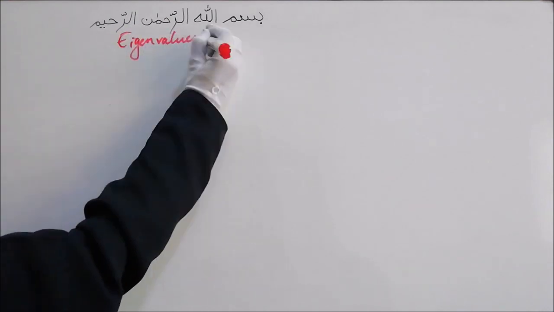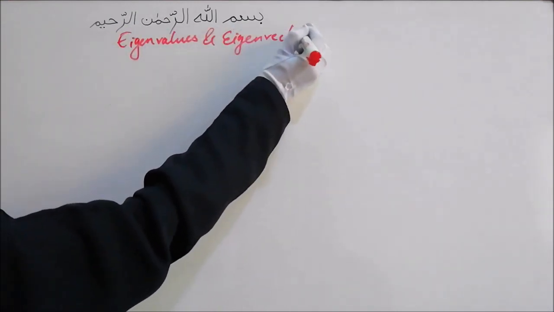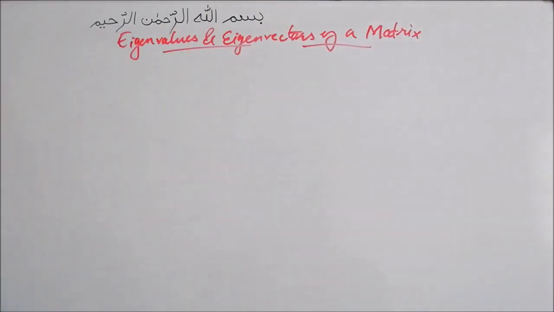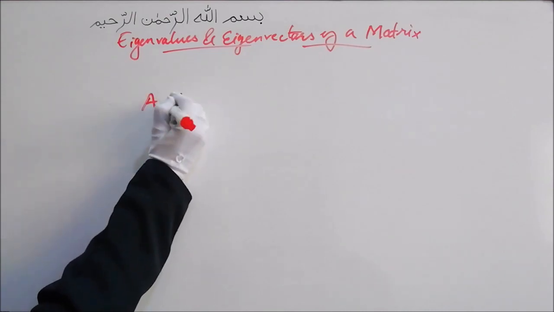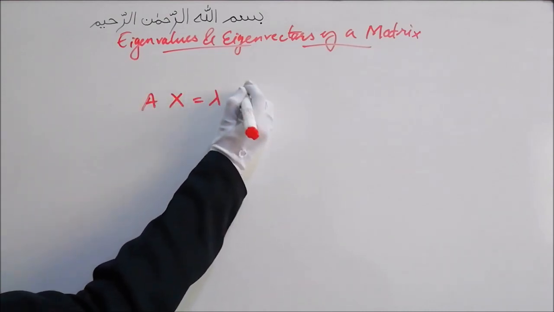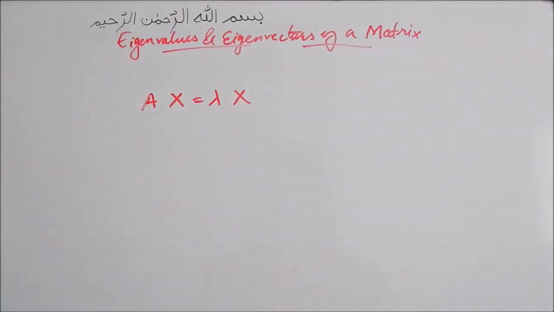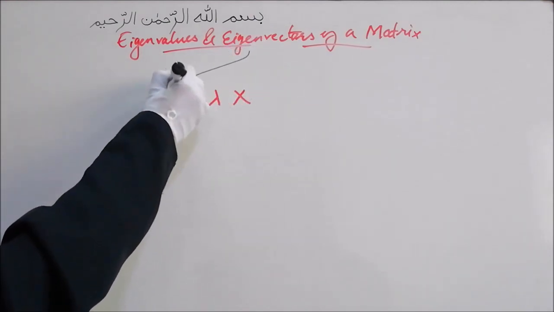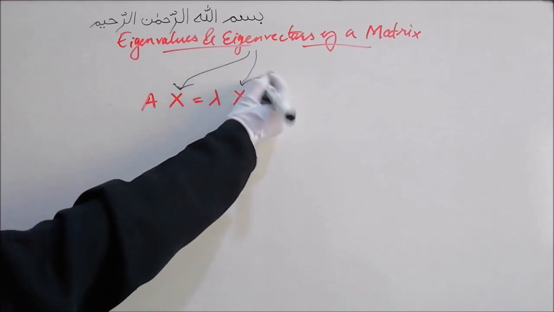So in part 2, we looked into some different types of matrices. In this part 3, we'll begin with eigenvalues and eigenvectors. The eigenvalue equation is given as A x is equal to lambda x. Now what are these terms? This x is the eigenvector. This x is also the same eigenvector.